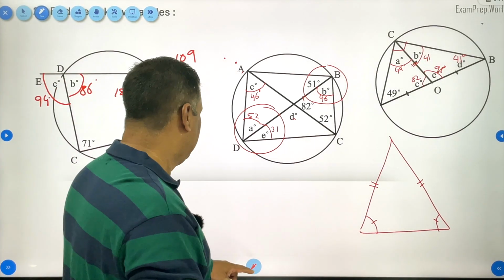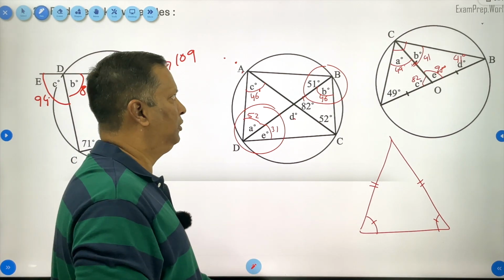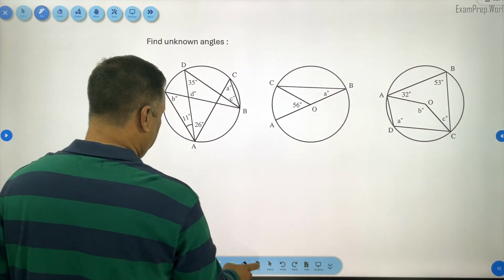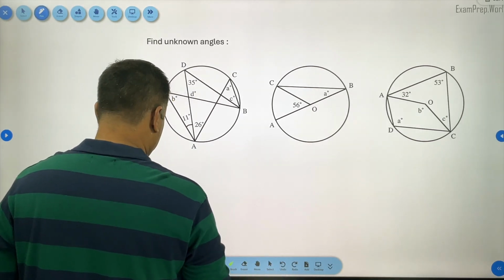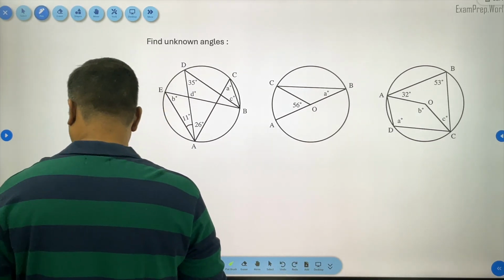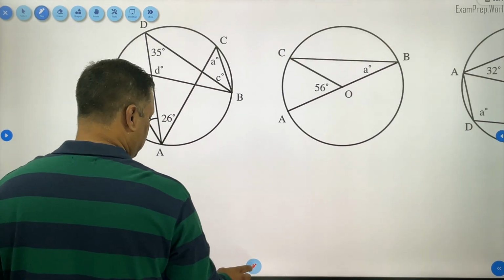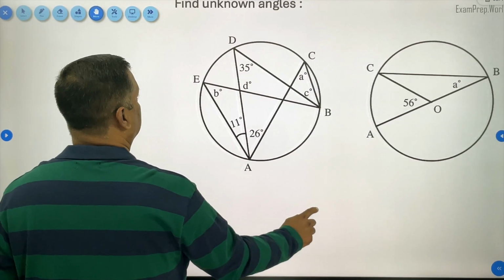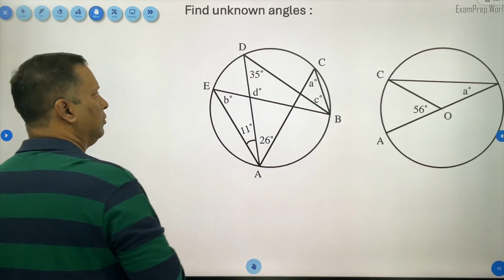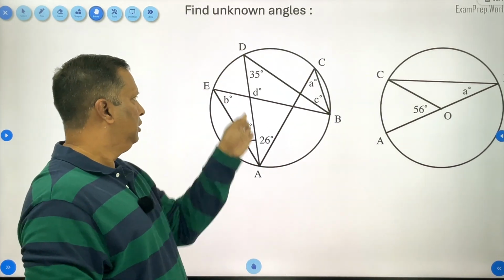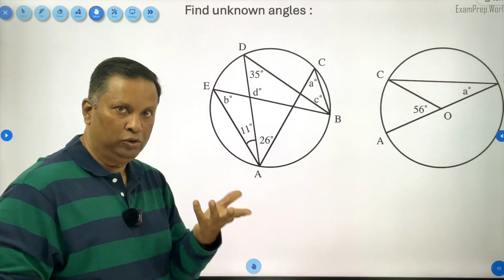Yes. So let's go to the next set of questions we have here. Let me zoom it for you so that you can see. First, let us do this one. AB is creating so many angles, C, D and E. All angles should be equal.